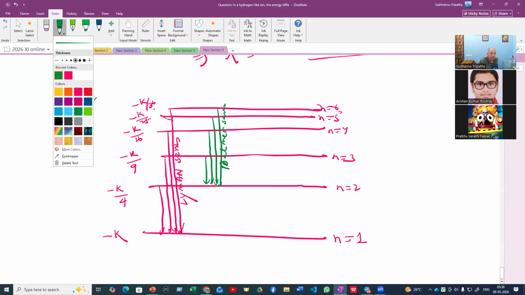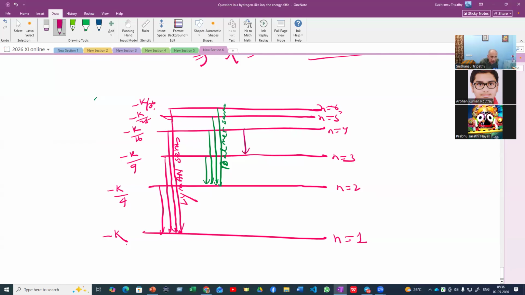Similarly, if we take 3 as the destination, from 4 to 3, 5 to 3, 6 to 3, 7 to 3, this is called the Paschen series, which you will solve problems.